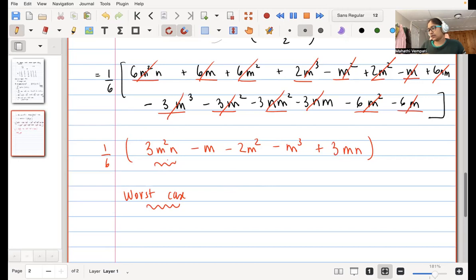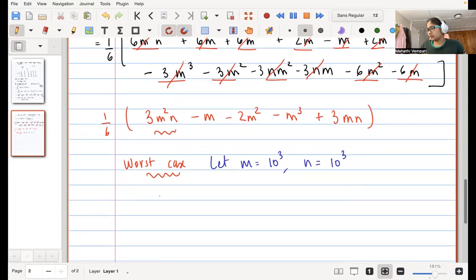Say m is 10 cubed and n is 10 cubed. You still have 1m square. So let m equal 10 cubed and n equal 10 cubed. Then you have 3 into 10 to the 9 minus 10 to the 9. So you still have a bad term.